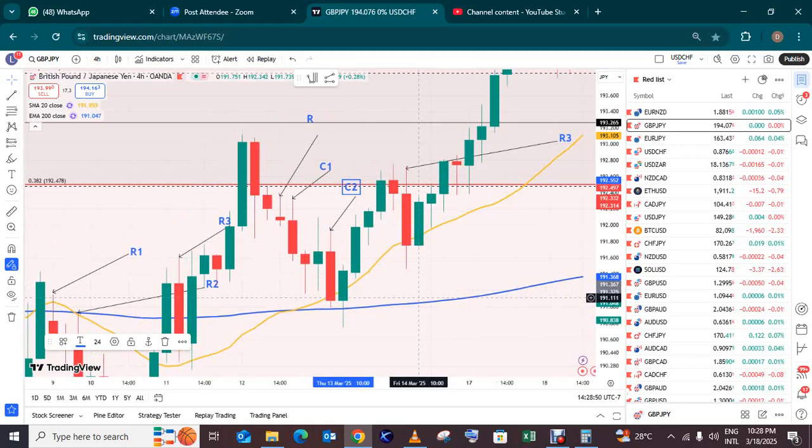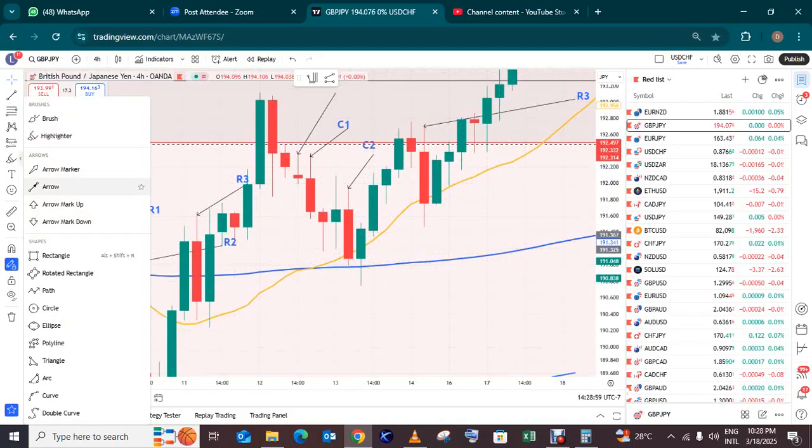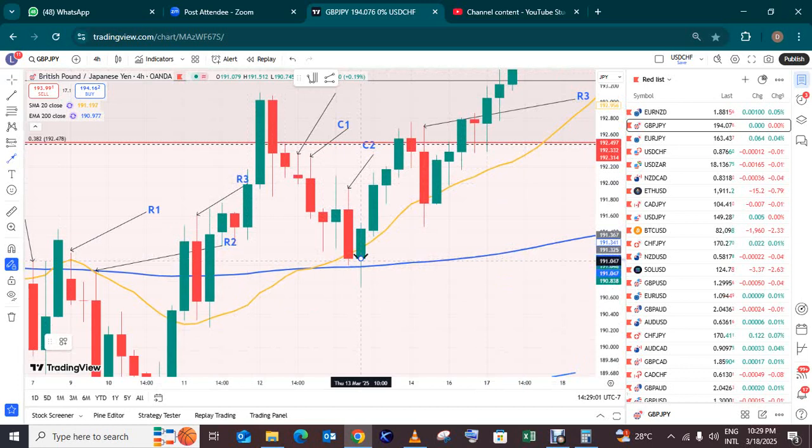C1, C2 means the market wants to sell. So we put a sell for this trade. We put a sell at this level to push the market down, to the downside.